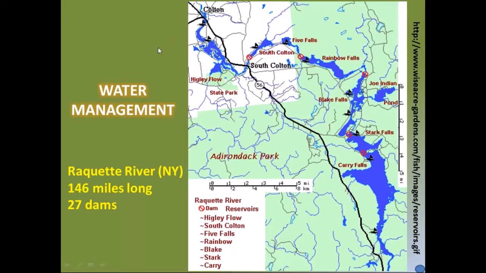For those of you in New York State, the Racket River is the third longest river totally within New York State. It's 146 miles long, and it's notable because it's been dammed up in 27 different places, and each one of those dams is used to generate hydroelectric power. But the amount of water moving along the Racket River is therefore controlled by these dams.